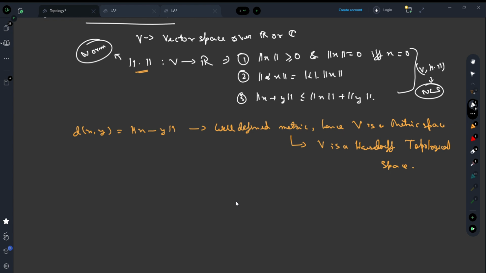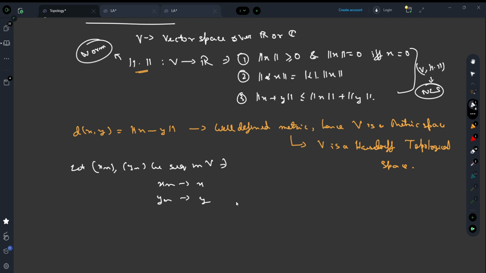Suppose you choose sequences xn in V and yn in V, such that xn converges to x and yn converges to y. Clear? What are we concerned about showing?